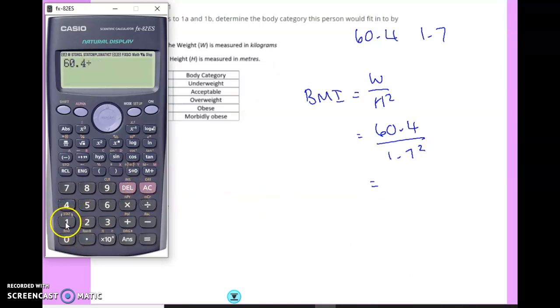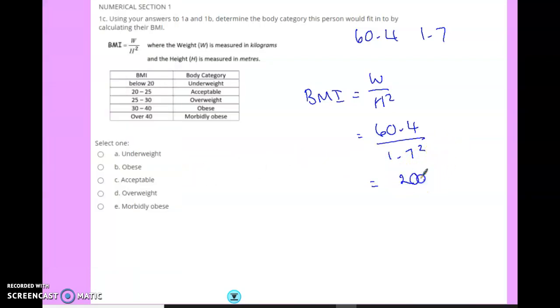Oh dear, I seem to miss this decimal point. 1.7 squared, which is 20.8996, so 20.9. And we're interested in what category it is, between 20 and 25, so it's acceptable.